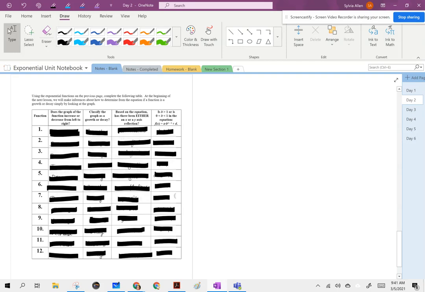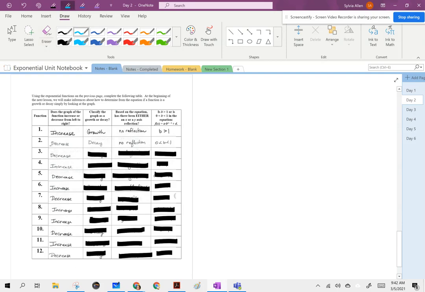All right, so let's check it out to see if you are right on these. On number 1, we can see that the graph is increasing. We already established that it is growth. And then was there a reflection? There was no reflection, and the B value was greater than 1. So I am going to give you these. See if you can notice anything.